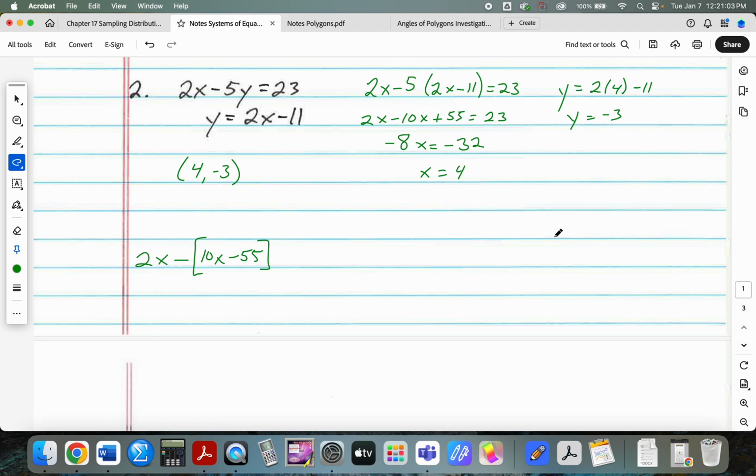I don't really get that because it's like you're distributing negative 5. Doesn't that kind of imply that negative 5 and 2x are being multiplied? You could think of it as 2x minus 5 times this. Okay. So you can think of it either way.